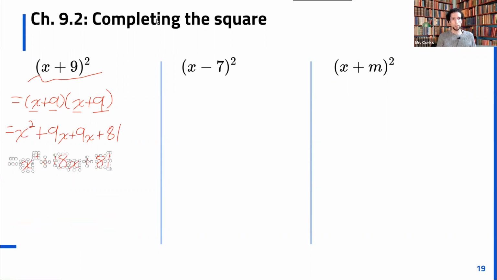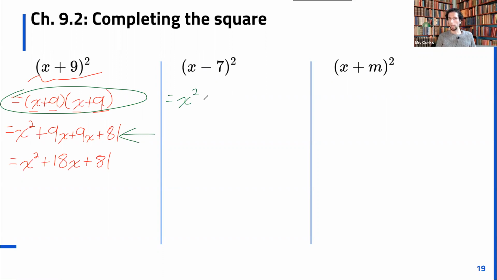All right, let's do the next one in the middle. We'll skip this step, but tell me what this step would look like for the one in the middle. x squared minus 7x, multiplying 7, and plus 7 squared.